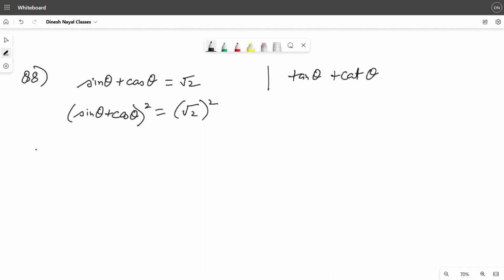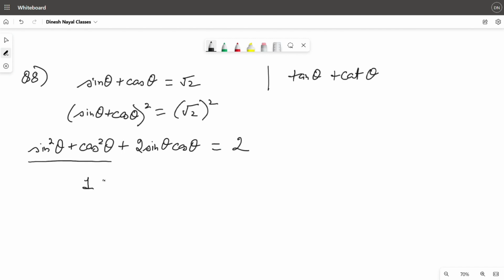Now expanding, this will be sin square theta plus cos square theta plus 2 sin theta cos theta equals 2, since root 2 into root 2 is 2. Now by the trigonometric identities, we know that sin square theta plus cos square theta is 1. So writing this as 1.